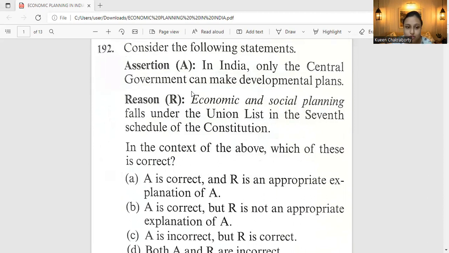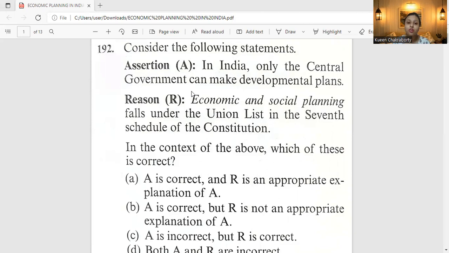By concurrent subject, I mean both union and state governments can make developmental plans on it. But the Constitution vests power in the union to ensure coordinated development in the essential fields of activity, while preserving the initiative and authority of the states in the spheres allotted to them.